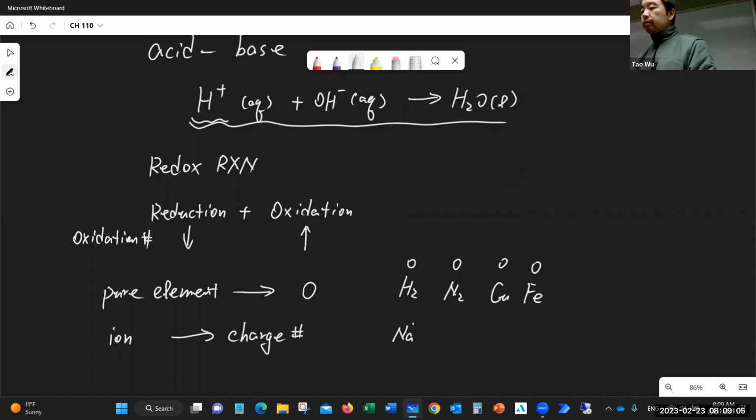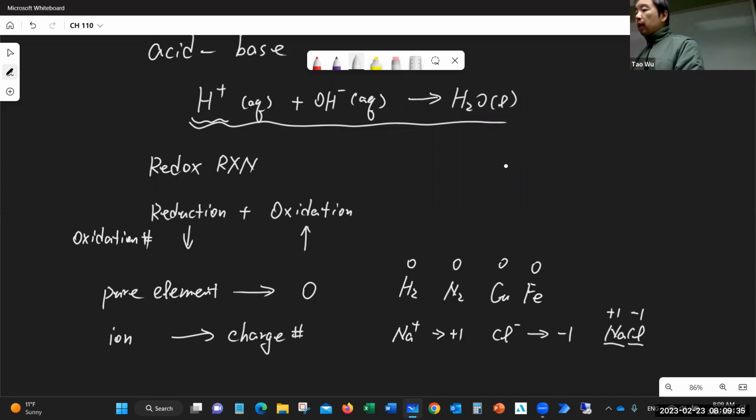Sodium ion is +1. Chloride ion is -1. So if you look at the formula for sodium chloride, since this is an ionic compound, the cation and anion are charged, so the oxidation number of this one is +1, and this one is -1.